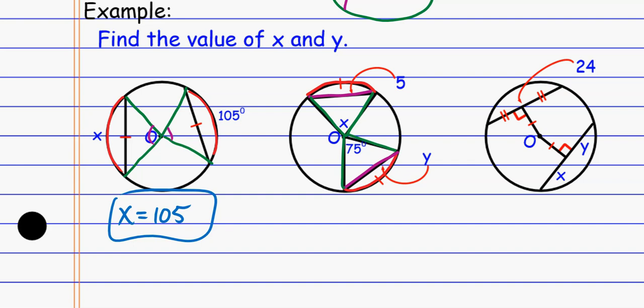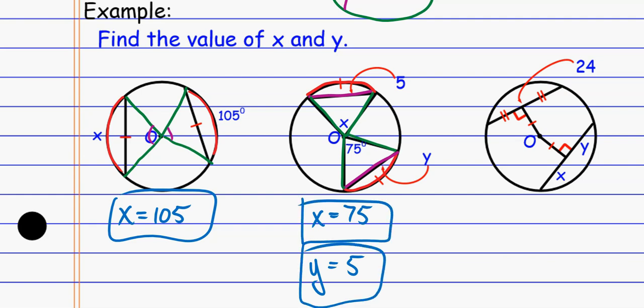If the arcs are congruent, then all the rest of the pieces have to be congruent too. In other words, x has to equal the 75 degrees, and y has to equal the 5 because it has to be the same as the other chord. If any one of the three pieces are congruent, all three pieces are congruent.